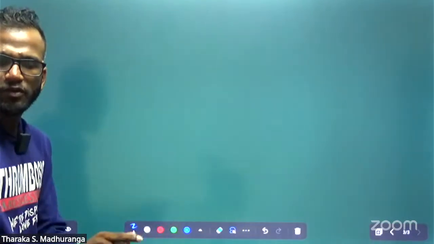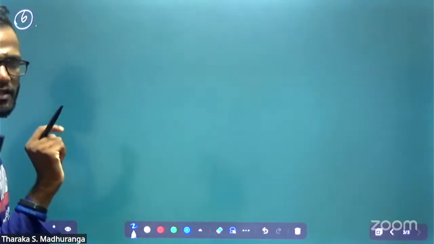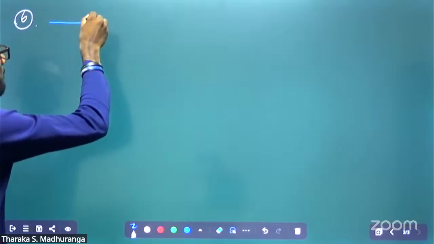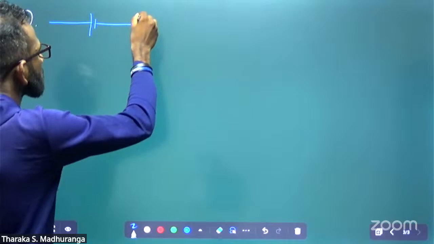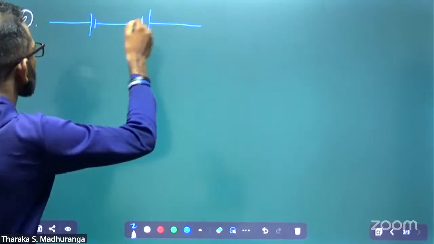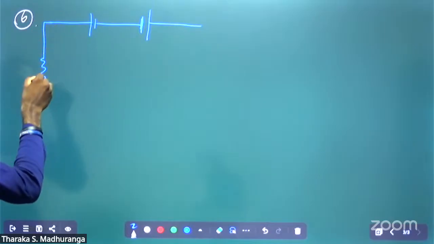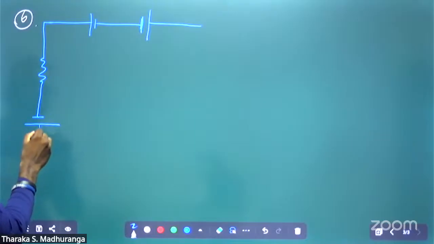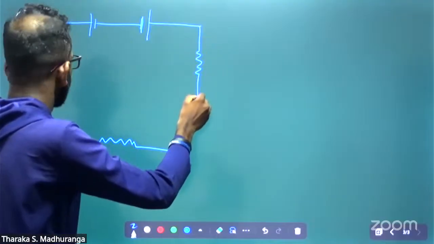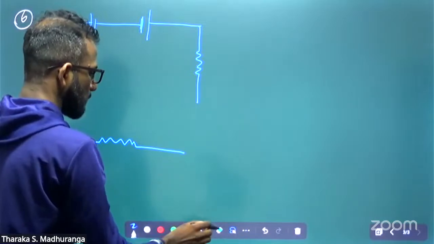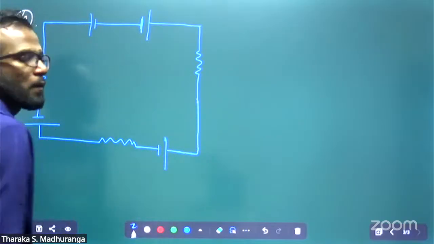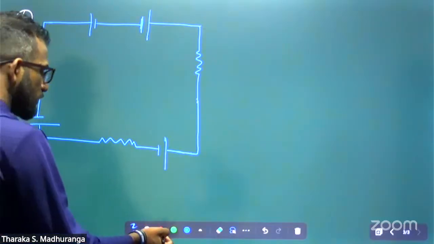First, clearly draw your circuit on your notebook. Then it is easy. And mark all values clearly. Draw this circuit clearly on your notebook.